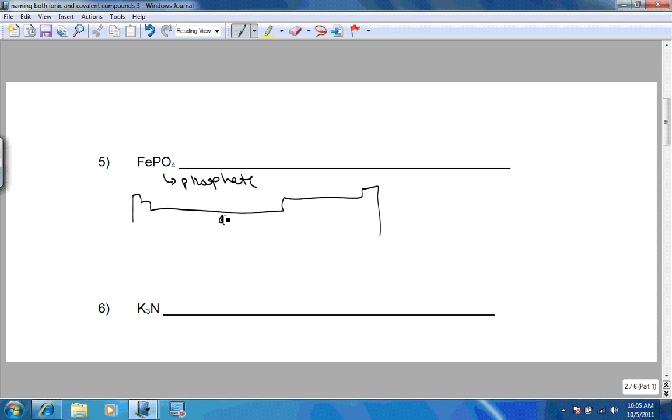Because of that, we have to figure out the charges so that way we can tell somebody else. So Fe is iron. Because I don't know what the charge is, I'm going to leave a space there for the Roman numeral. And then I'm going to write phosphate because that's the anion. I'm going to put PO4 in parentheses, even though it's not in parentheses right now, because that's a set, it's not going to separate.